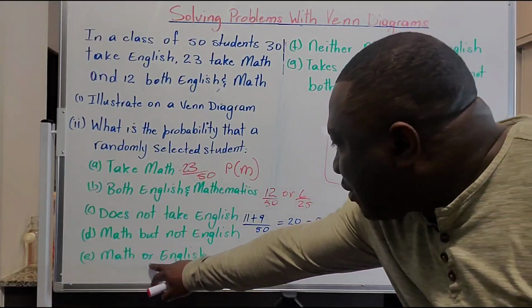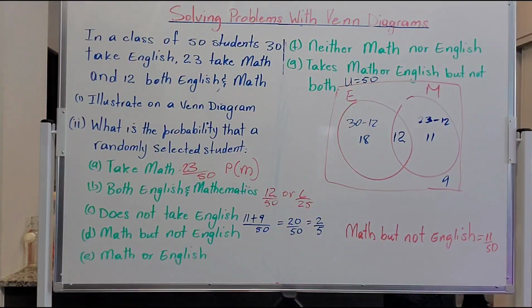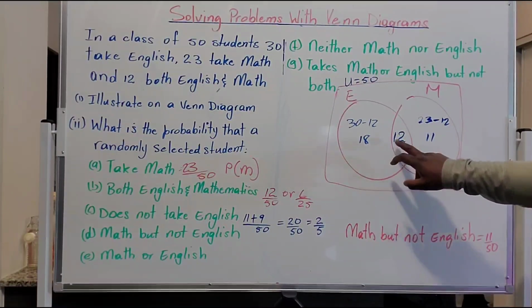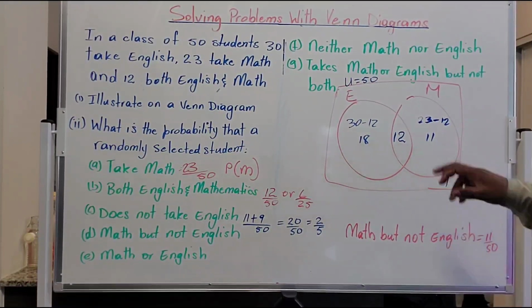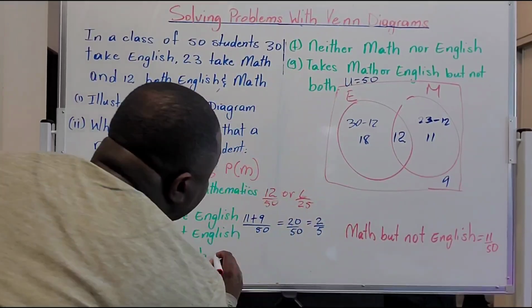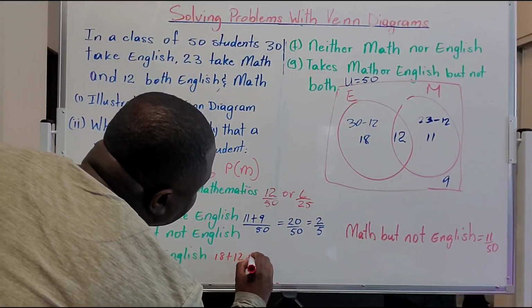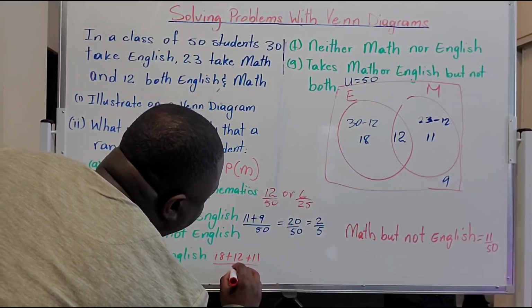So math or English. So let us look at how many students are doing math or doing English. So we are looking at 18 plus 12 plus 11. So if I write this one here, I think of 18 plus 12 plus 11 all over 50.